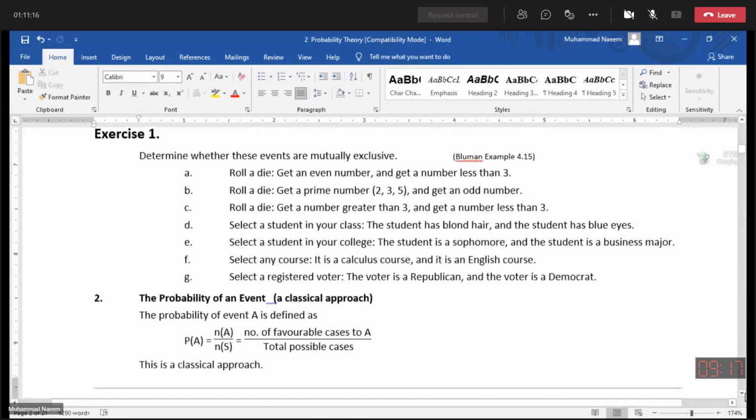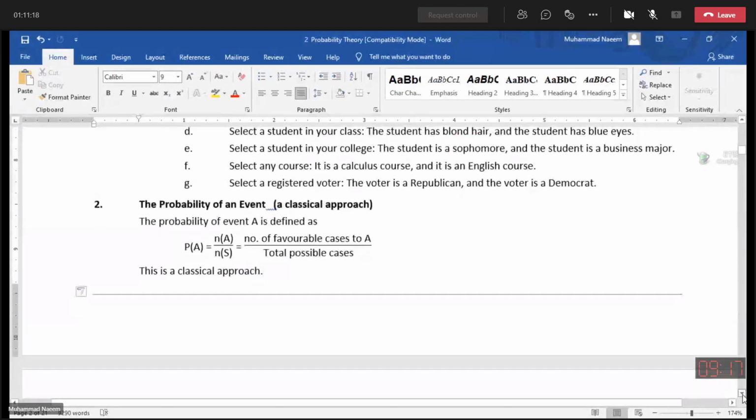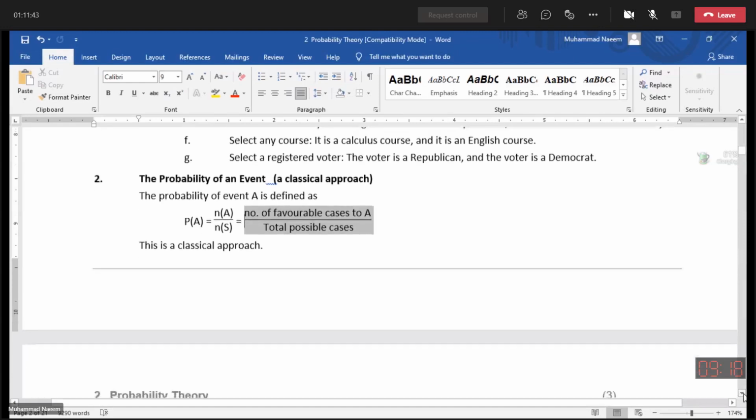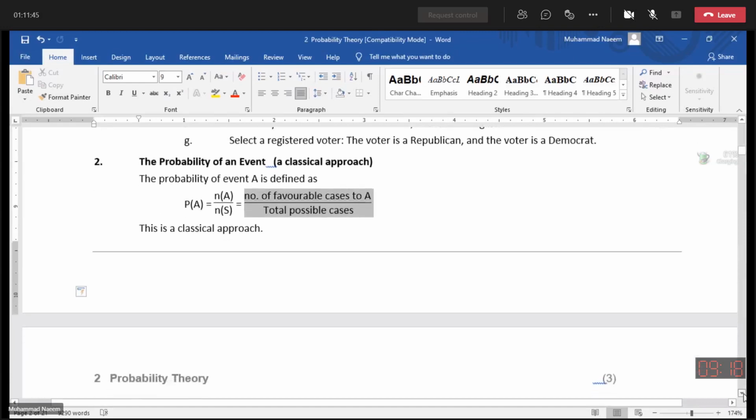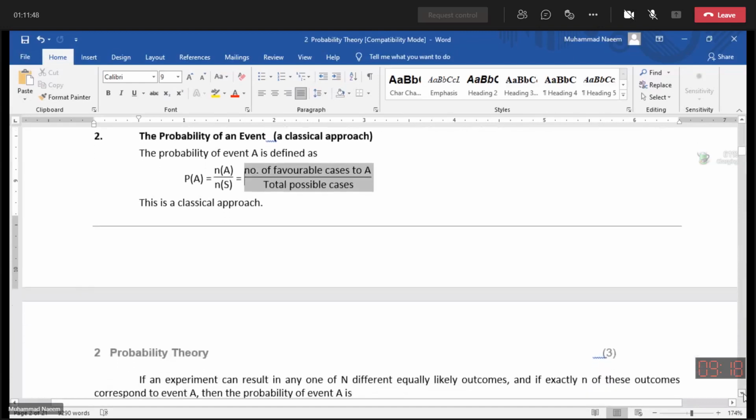Finally, we have concluded how we find the probability of an event with this ratio: number of elements in A divided by the number of elements in S. That means in the numerator we have the favorable cases for A, and in the denominator we have the total possible cases. So this is called the classical way to find the probability of an event.